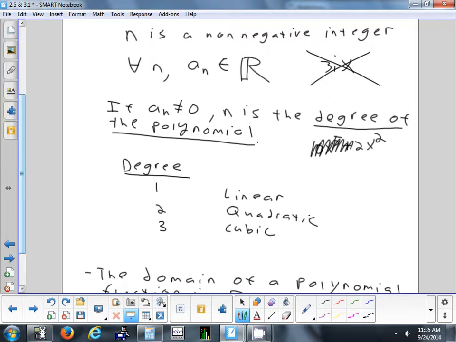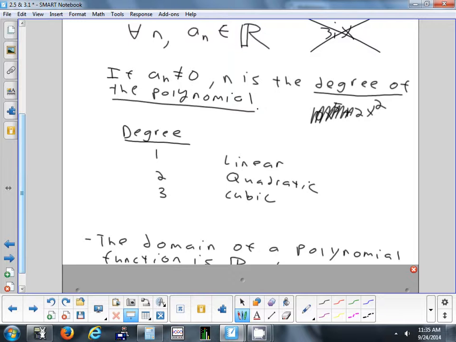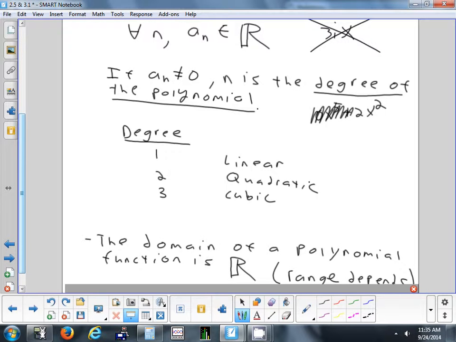Okay, what's nice about polynomials is all you're doing with a polynomial is taking a value, raising it to a power, that's an integer power, non-negative integer power, and multiplying it by a number. You can do that to any x value that you want. There's no restriction on the domain of a polynomial.